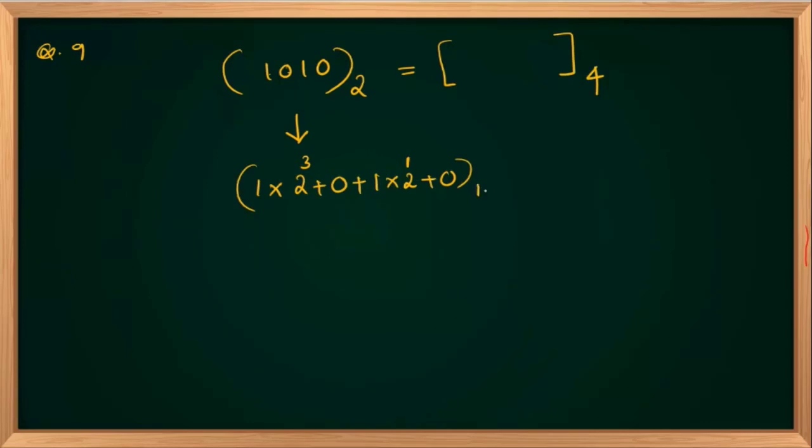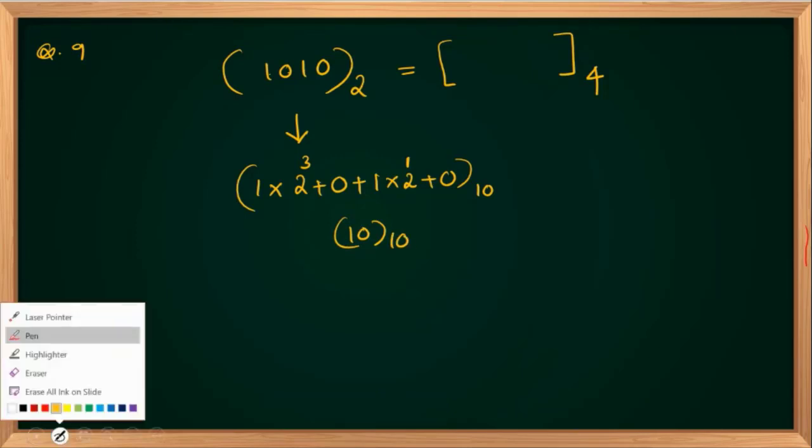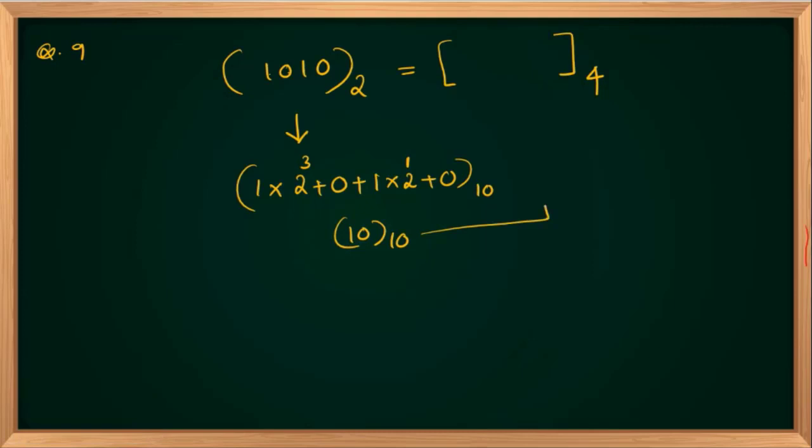So this is 8 plus 2, 10 decimal. Then the decimal number 10 I should convert to the lesser base, that is base 4. So continuous division, base 4.